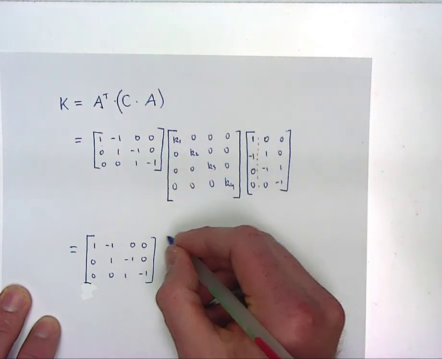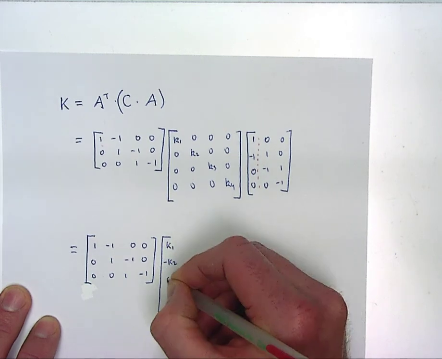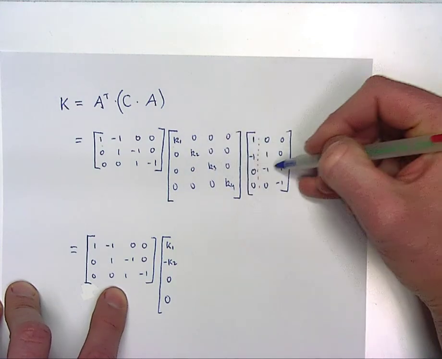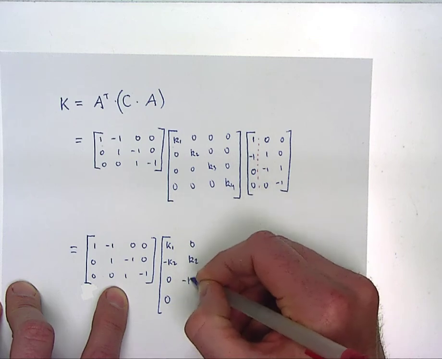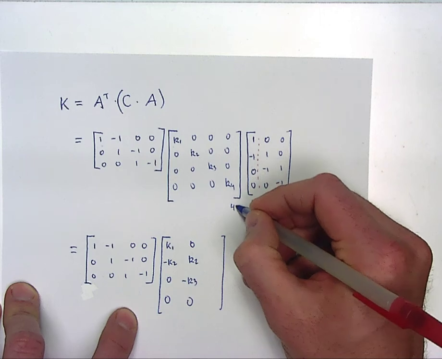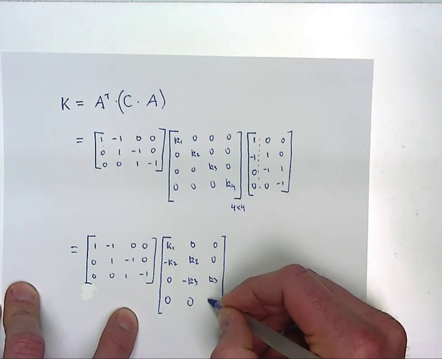Well, can you see what that made? K1, negative K2, 0, 0. Okay. 0 times the first one, 1 times the second one, negative 1 times the third one. 0, K2, negative K3, 0. And then the last one, 0, 0, K3, negative K4.